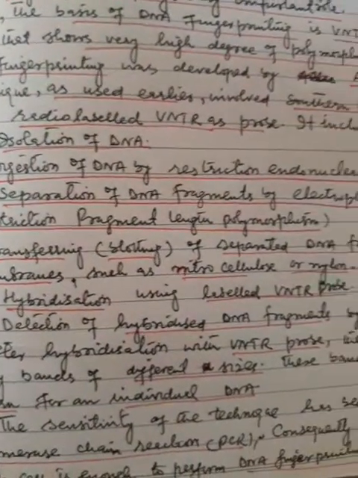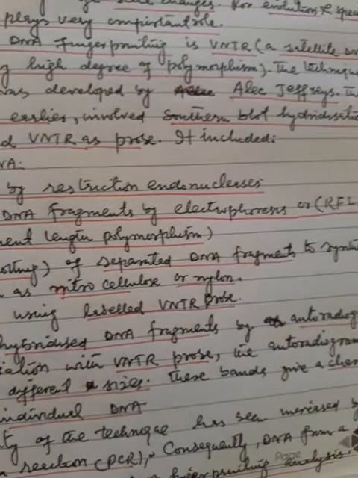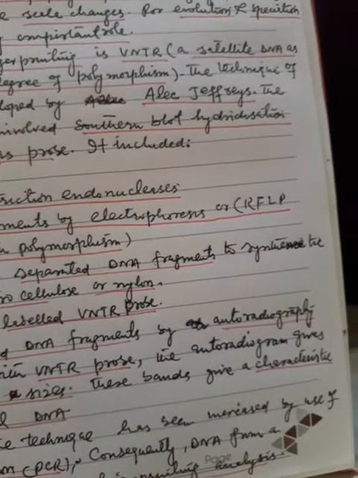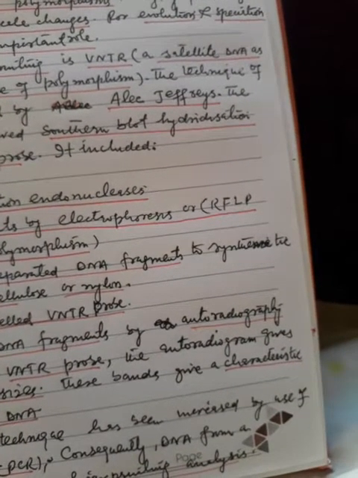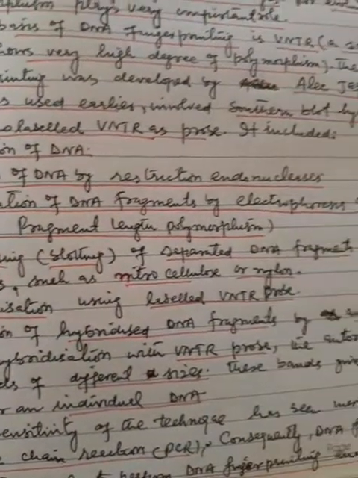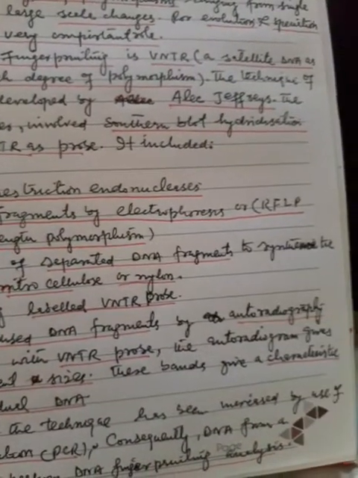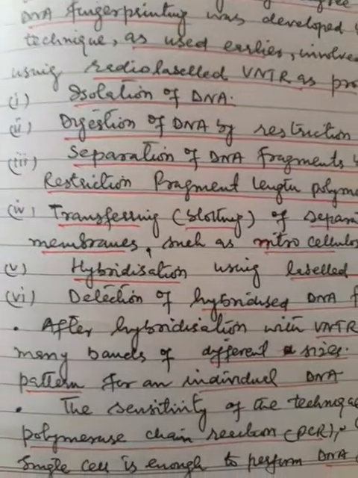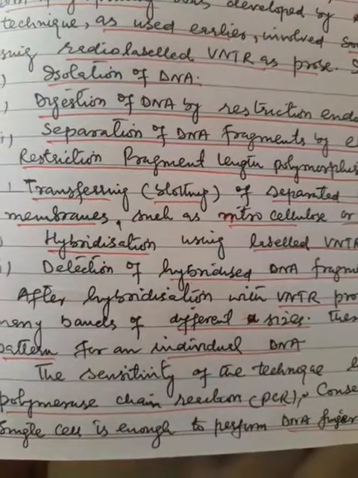After hybridization with VNTR probe, the autoradiogram gives many bands of different sizes. These bands give a characteristic pattern for an individual's DNA.